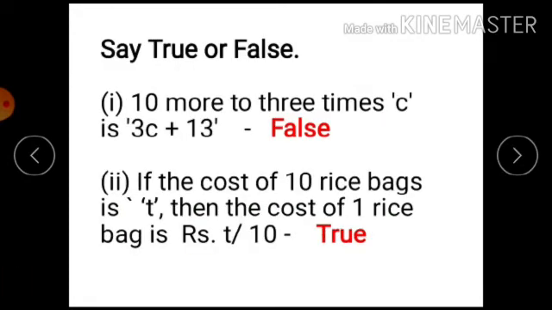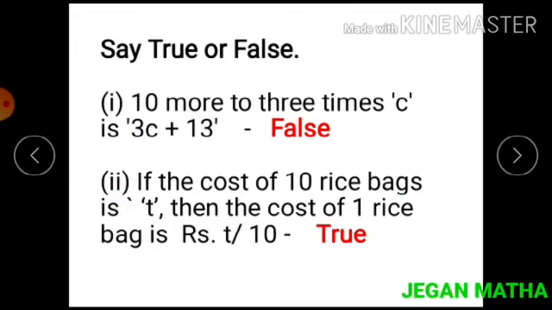Question number 2, say true or false. Subdivision 1, 10 more to 3 times c is 3c plus 13. This statement is false. 3c plus 10 is the correct statement.